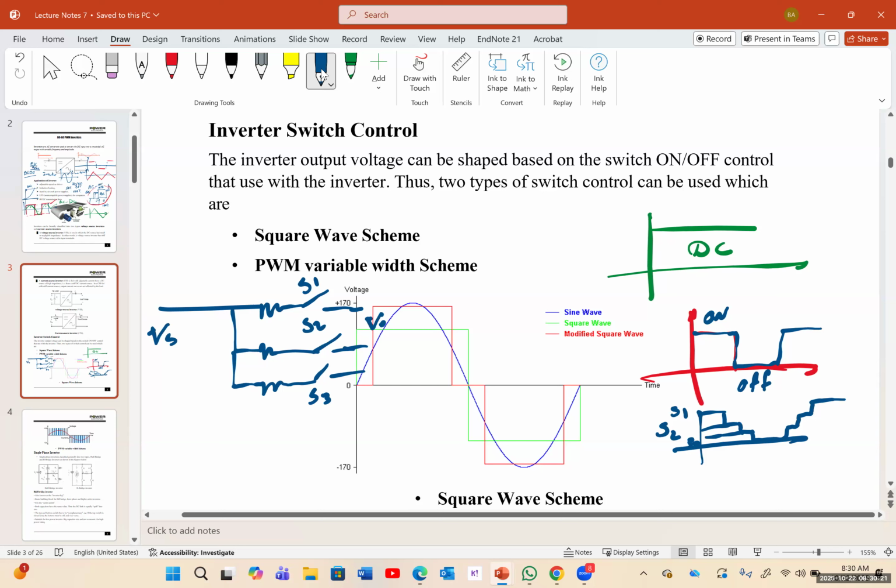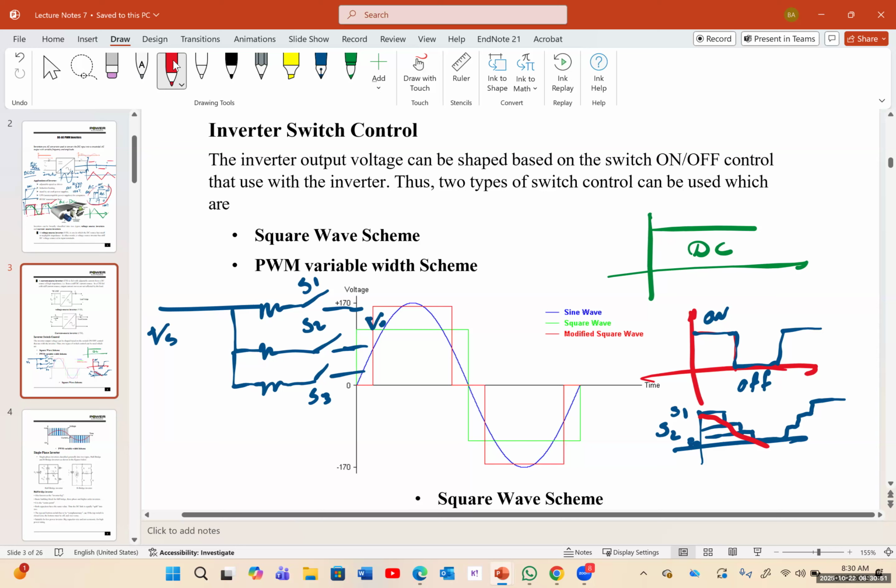Still, this looks like a stair. It's not as smooth as a sine wave, but it's better than going suddenly from positive to negative. Because in low voltage, you're not going to have a big problem. But when it's high voltage, like 500 volts, 400 volts, imagine you have a switch connected to a 500 volt solar system, and it has 100 amps as well.